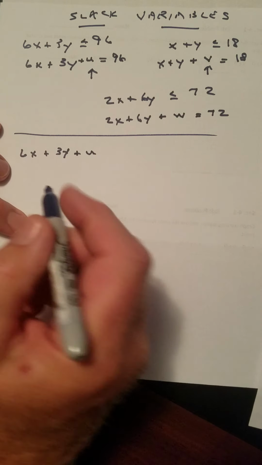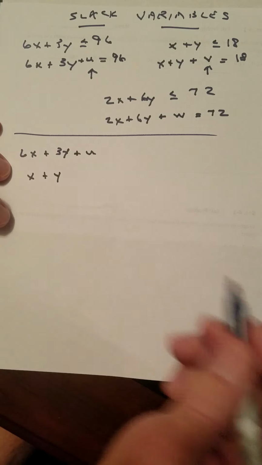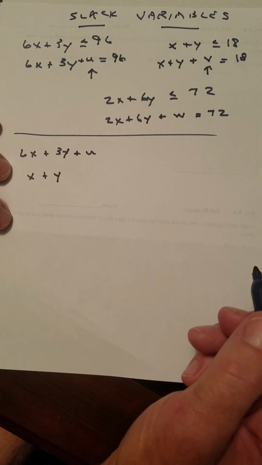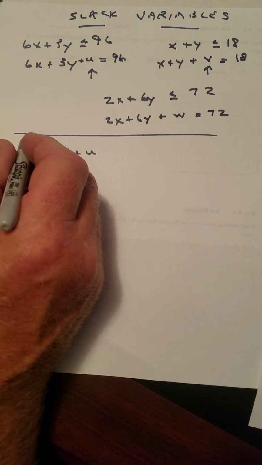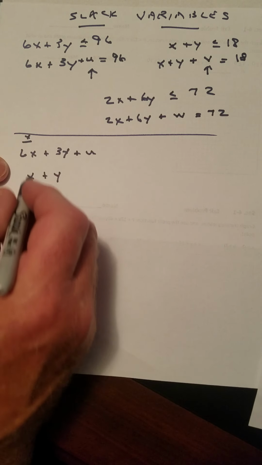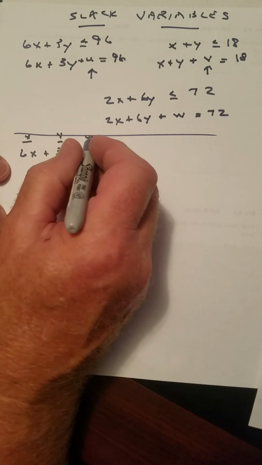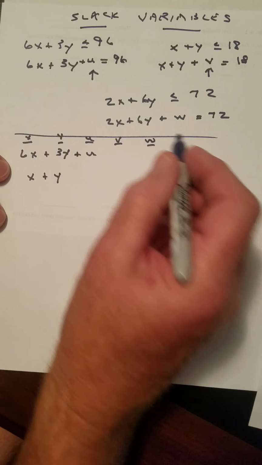Now I'm going to go get the other one. This one was x plus y, and then there's a v. Well, you can think of it, this is like the x column, the y column, here's the u column, there's going to be a v column, there's going to be a w column.